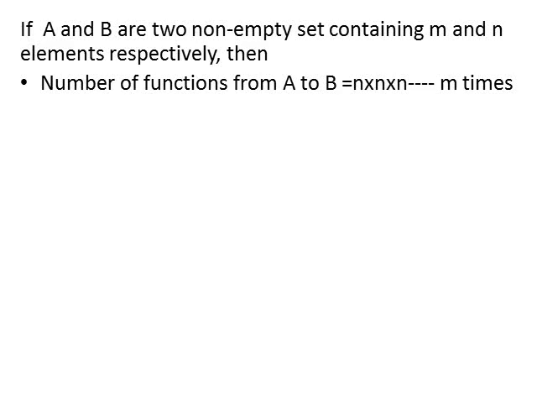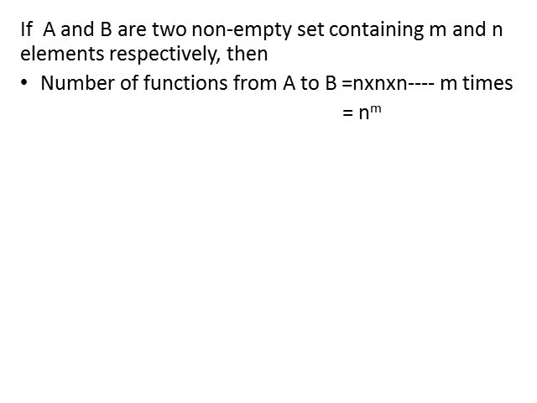Similarly, the second element of set A also has n options, and so on. The mth element also has n options. So the number of functions from A to B is n into n up to m times, that is equal to n raised to the power m. Remember, we can calculate the number of functions only if A and B are finite sets.